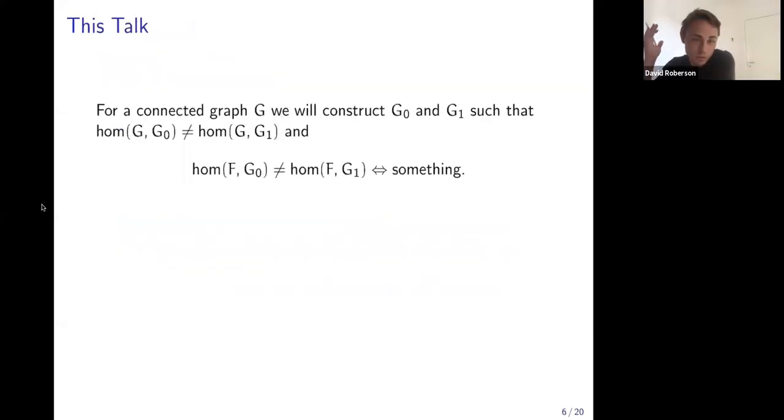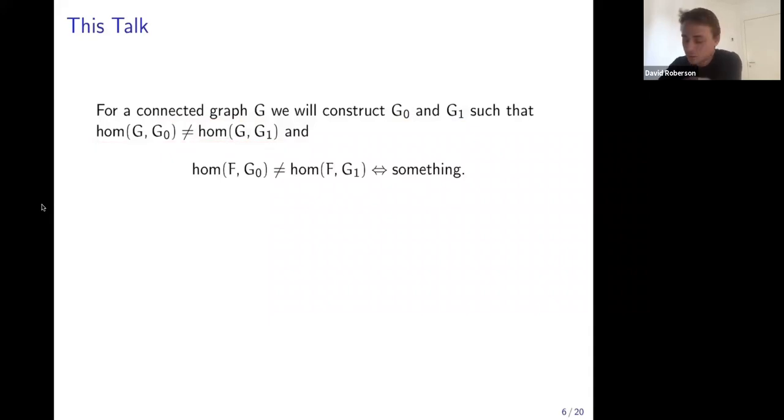So in this talk, we're not going to answer those questions. What we're going to do is take a connected graph G, and construct two graphs G0 and G1. They will satisfy this condition here, so that the numbers of homomorphisms from G to G0 and G1 are different.